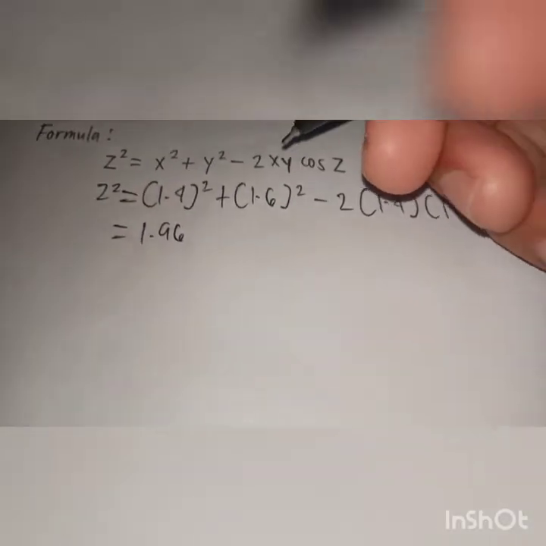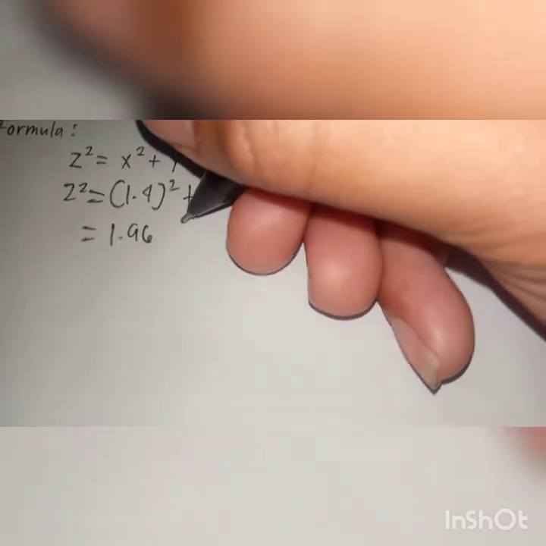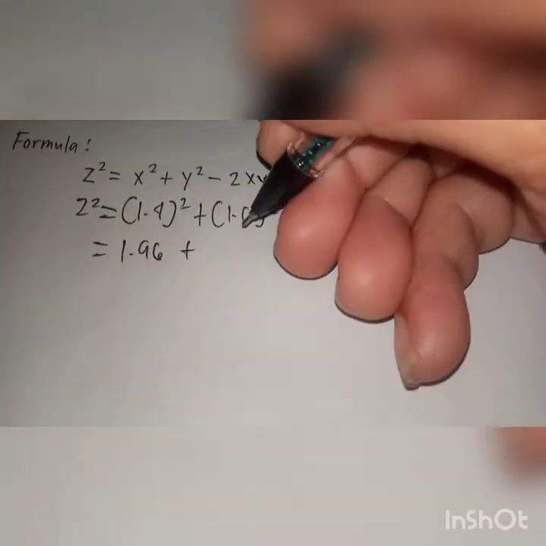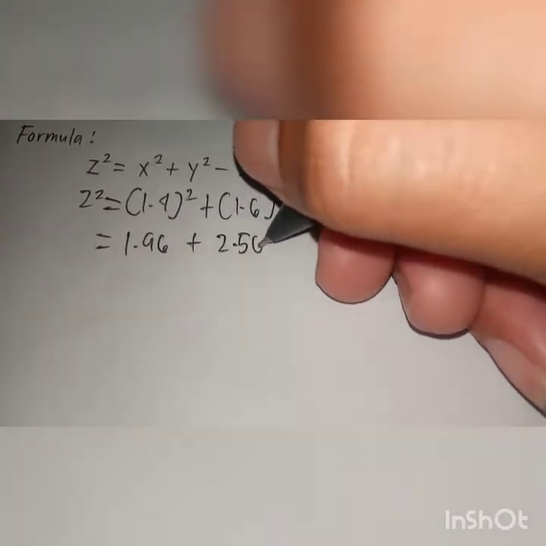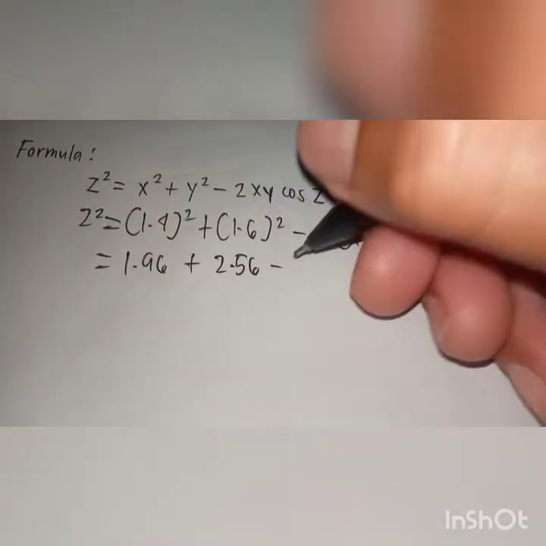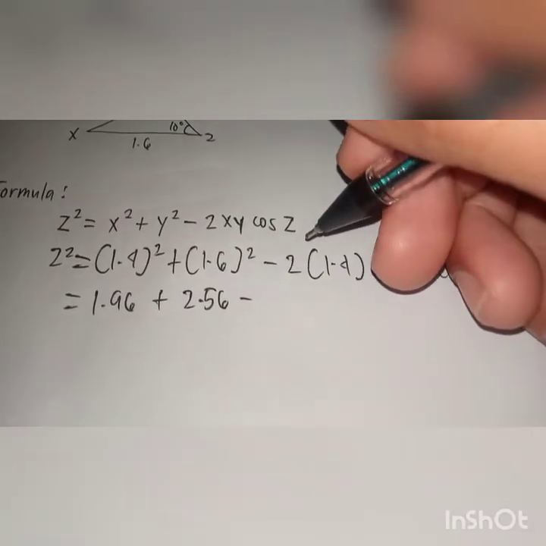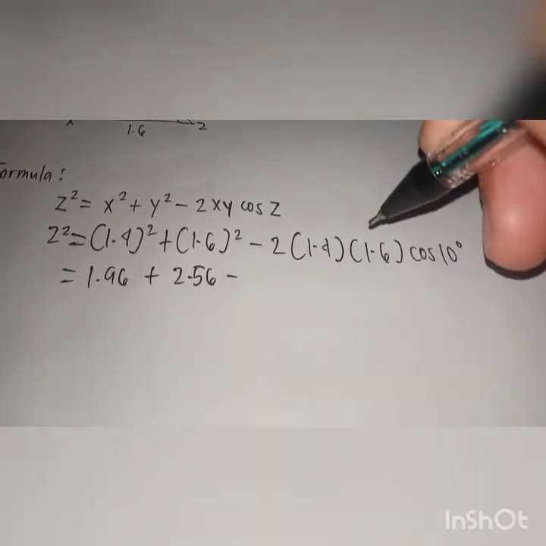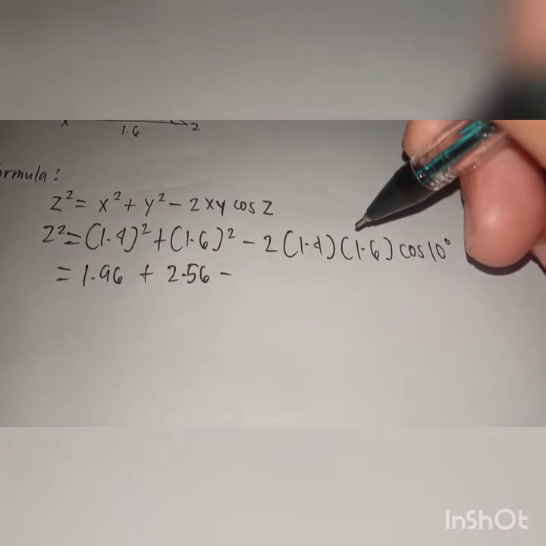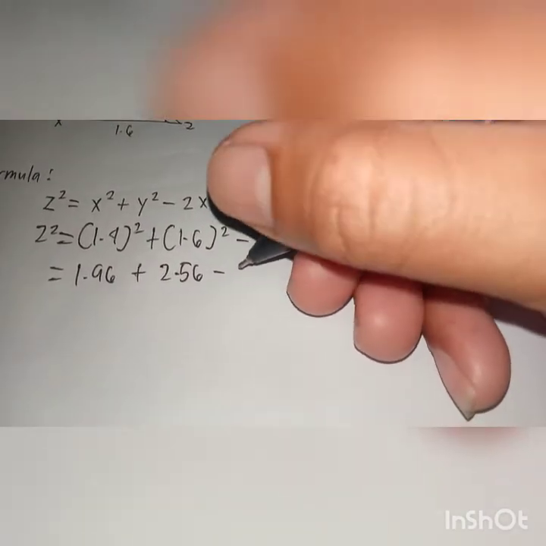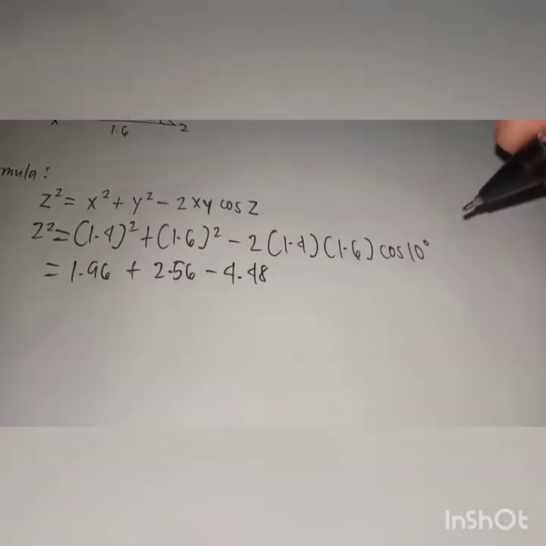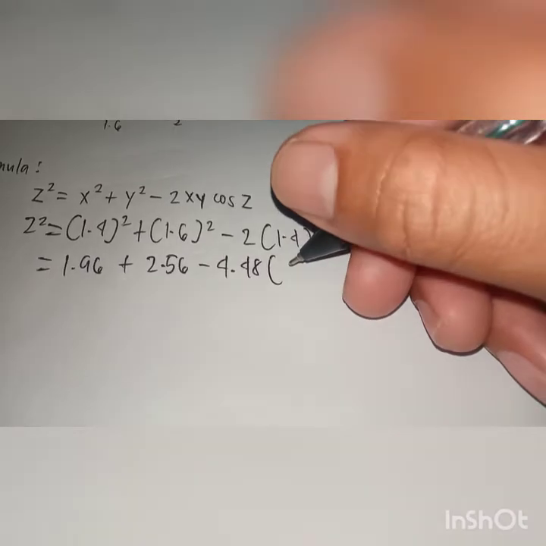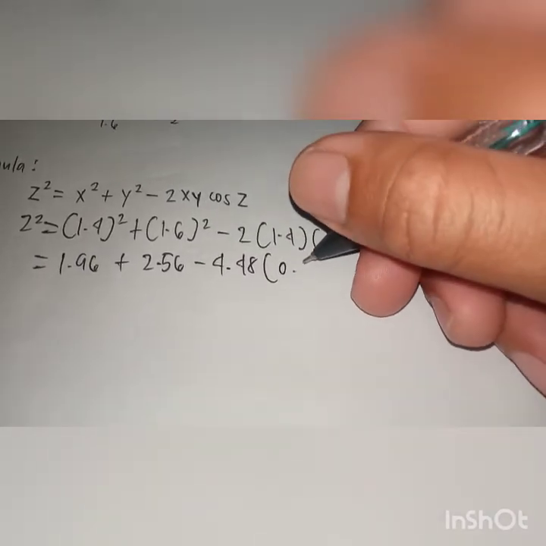The square of 1.6 is 2.56, minus 2 times 1.4 times 1.6, which is 4.48, and the cos of 10, which is 0.98.